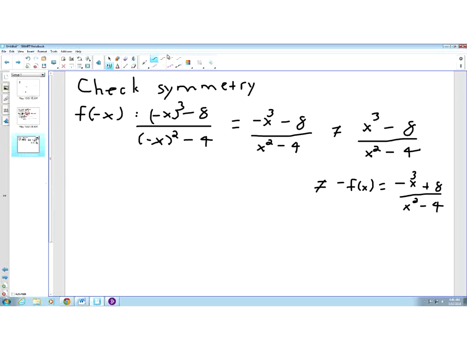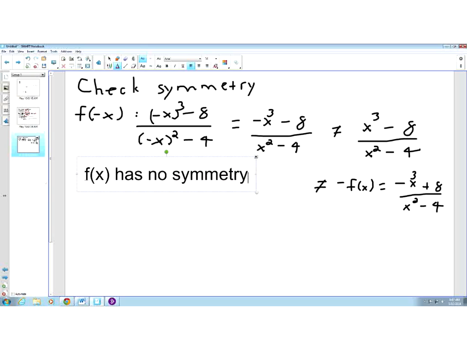So f of x has no symmetry. So no help there. All right. What else do we check for? We found a slant asymptote. Okay, vertical asymptotes. So check for vertical asymptotes.